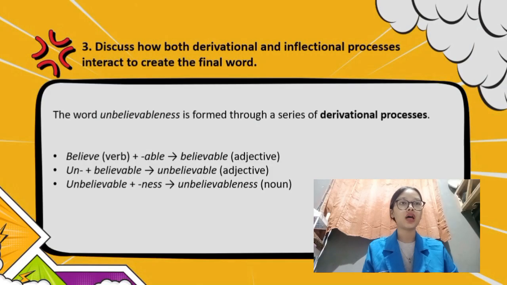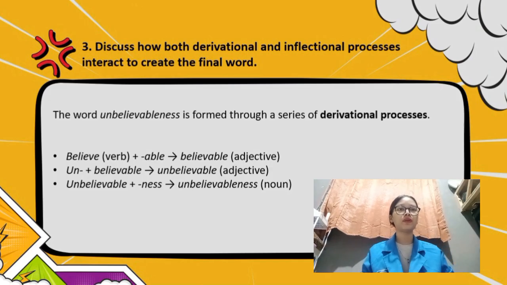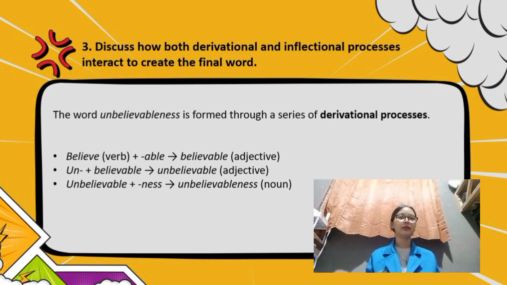Number three, discuss how both derivational and inflectional processes interact to create the final word. This word goes through several derivational processes, which means each step changes the word's meaning and sometimes its grammatical category.